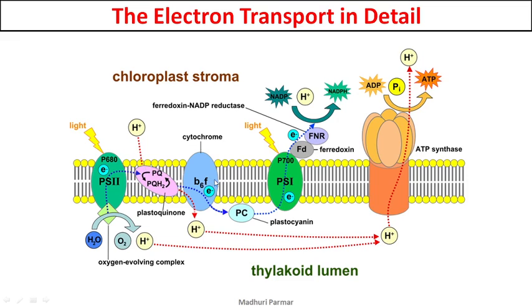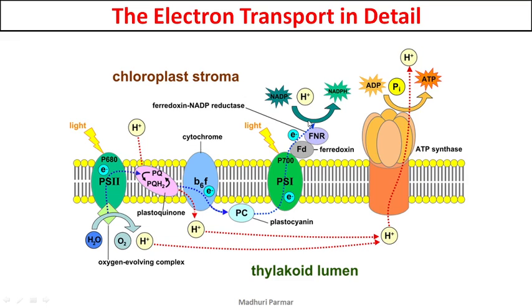Now this electron from cytochrome B6F is passed on to plastocyanin. Clear? Plastocyanin is a protein molecule. It is mobile, it can move around. It will take electrons from cytochrome B6F and give them to photosystem 1. Photosystem 1, again, when it gets excited, will donate its electron to ferredoxin. Ferredoxin will give it to ferredoxin NADP reductase.